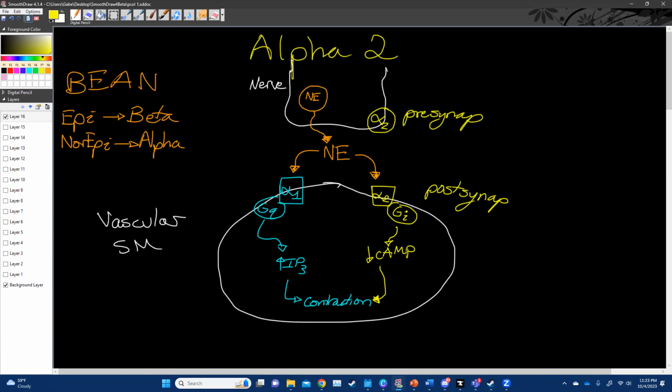What happens with alpha-2 is that it is going to end up opening potassium channels, allowing for hyperpolarization of the cell.